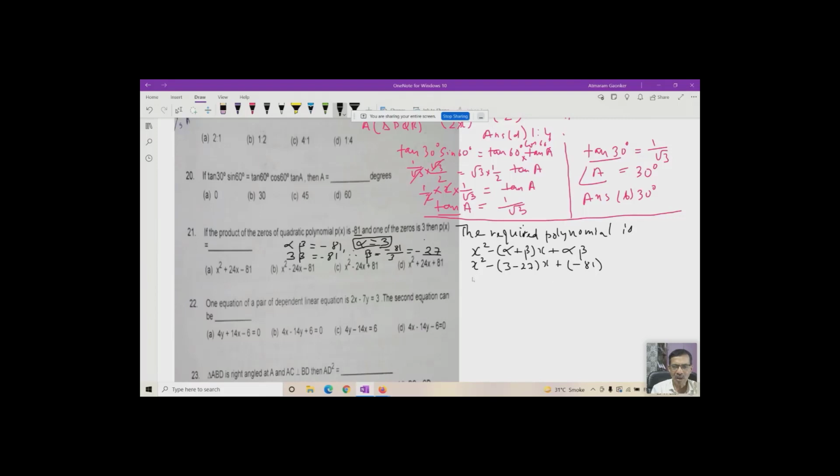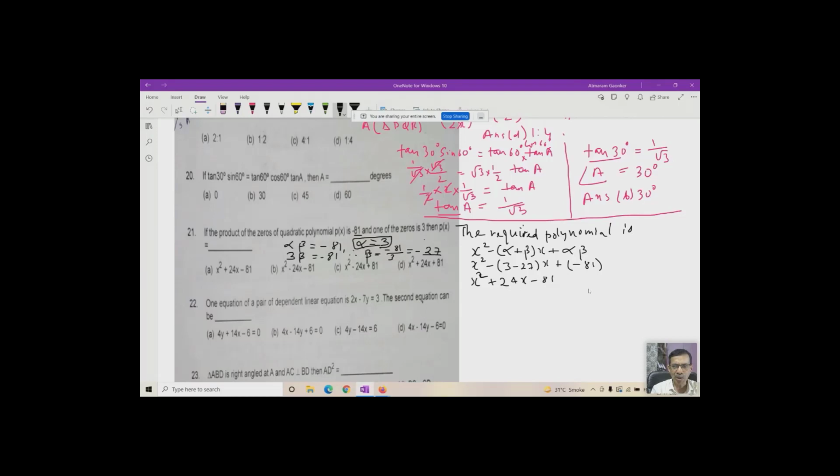So the polynomial will be x square, and 3 minus 27 works out as minus 24. Minus into minus 24 becomes plus 24x, and this will be minus 81.